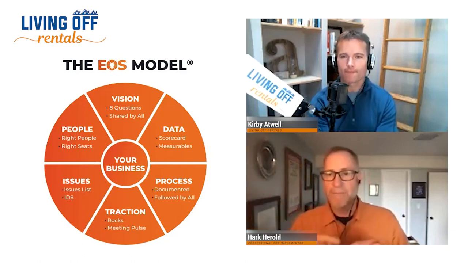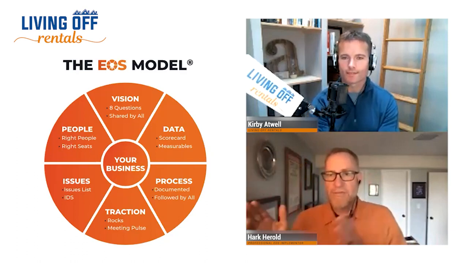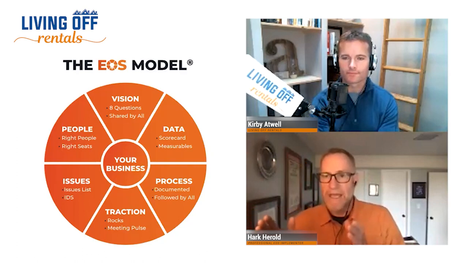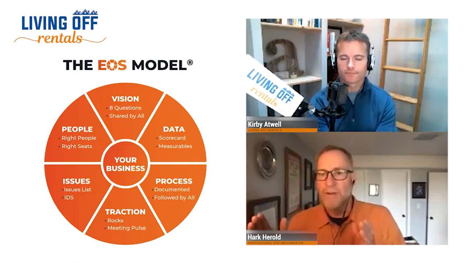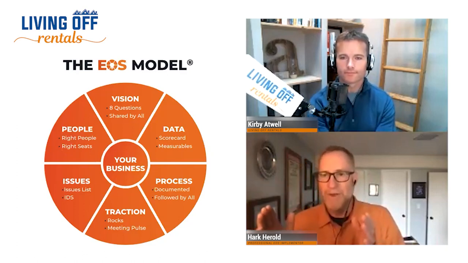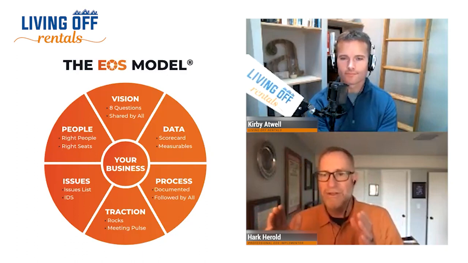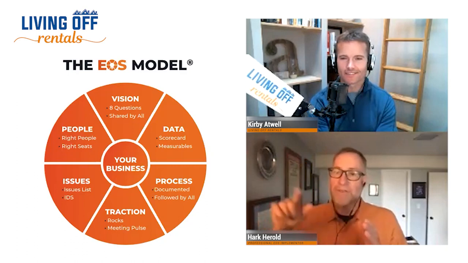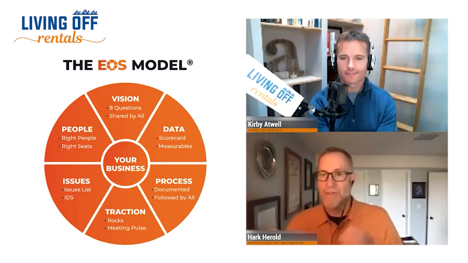If you set those 90-day rocks and then don't think about them until 2 weeks before the next 90-day window starts, you find there's no action until day 80 to get them done. But with a meeting pulse, this is the weekly meeting that brings it forward every time.